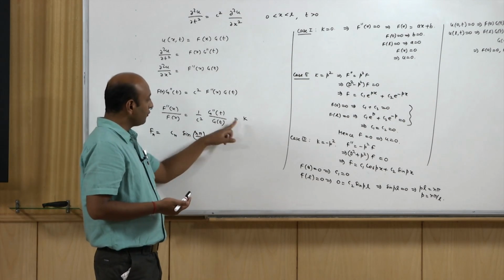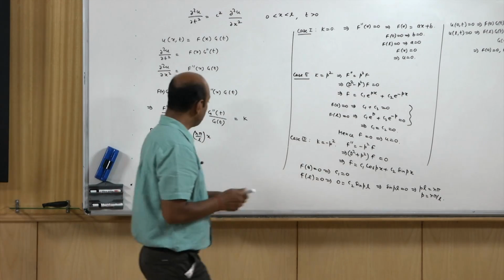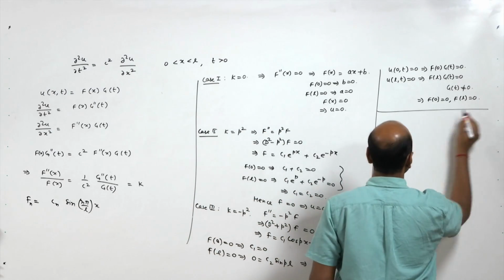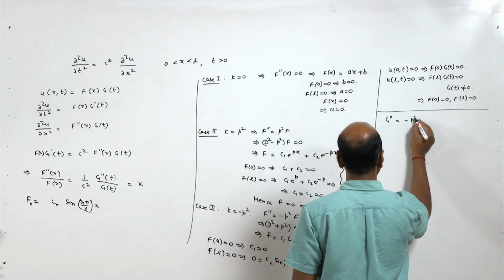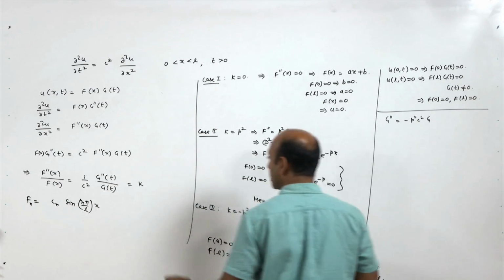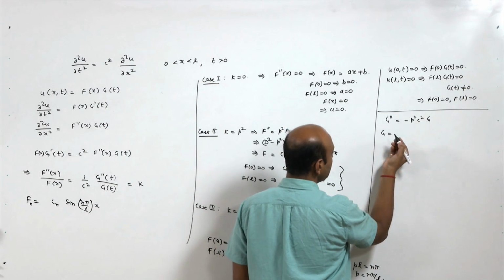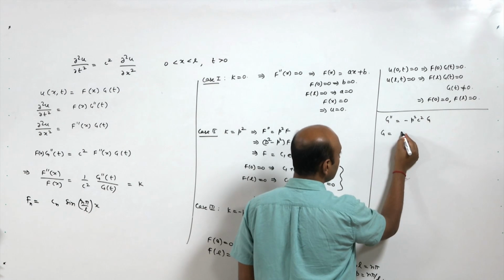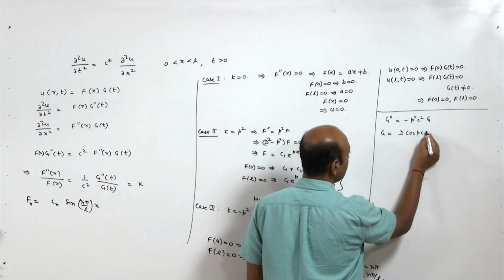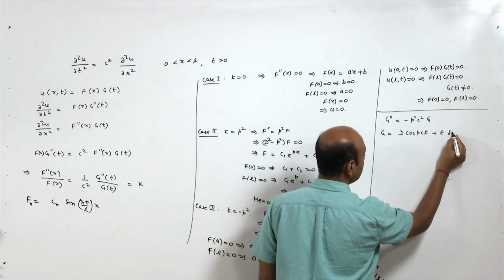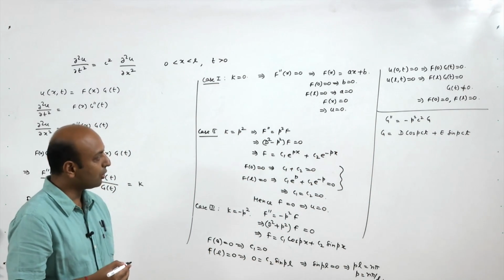Now for this p, for this k, where k equals minus p square, find g. What will be g? It is g double dash equals minus p square c square g, because k is nothing but minus p square. So from here again we will get g as, suppose, d cos p c t plus e sin p c t, where d and e are arbitrary constants.